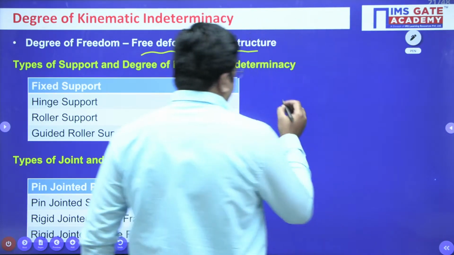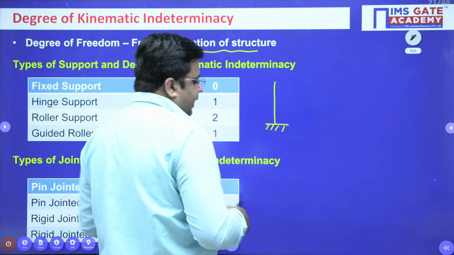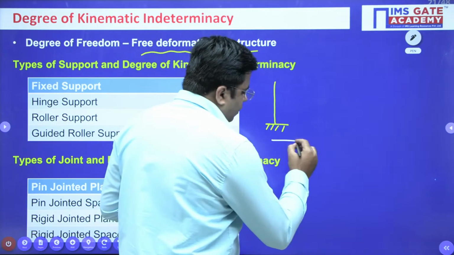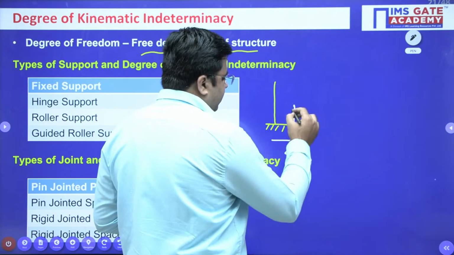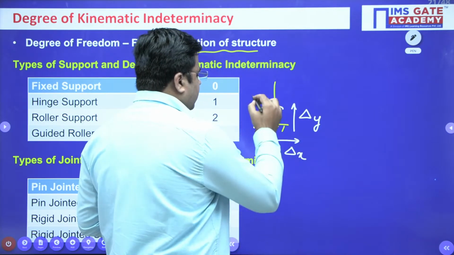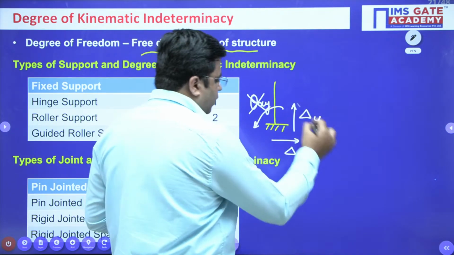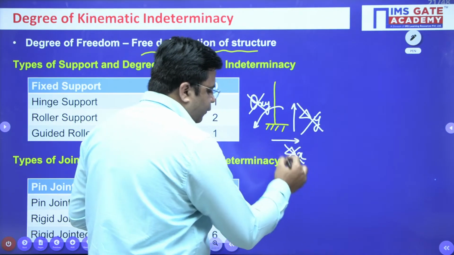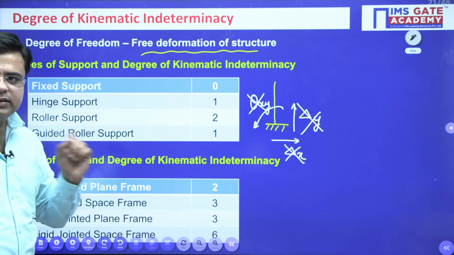I'll just draw this. For this fixed support, there can be no horizontal deformation, no delta x, no delta y, and no rotation theta xy, right? There is no possibility of any of these movements for a fixed support. Hence, the degree of freedom for a fixed support is 0.